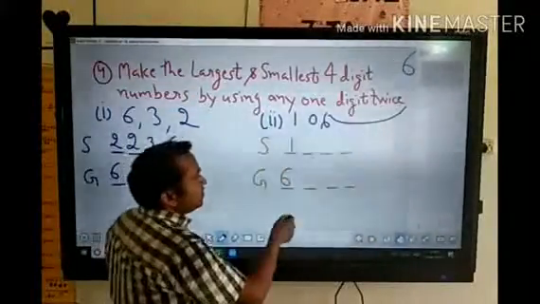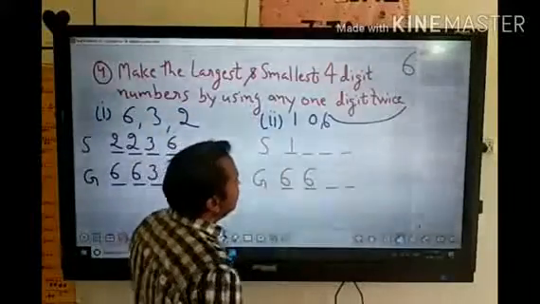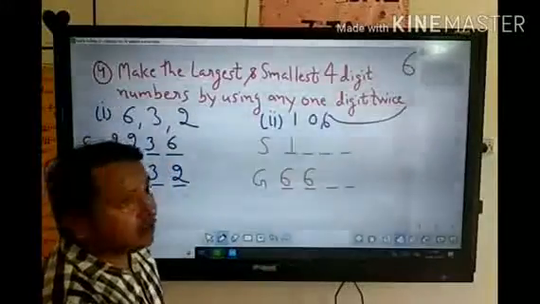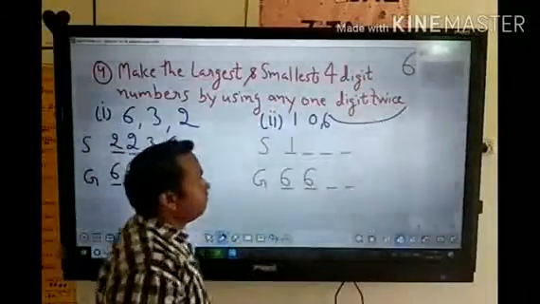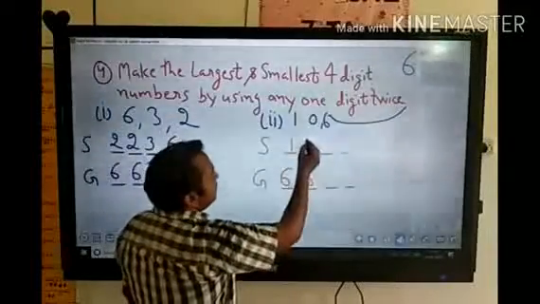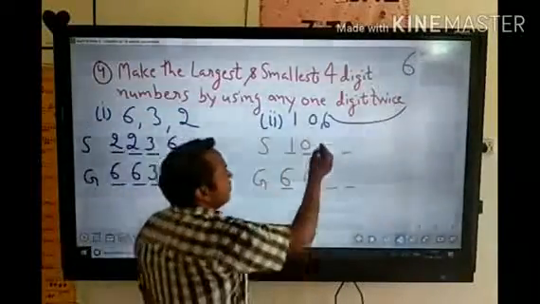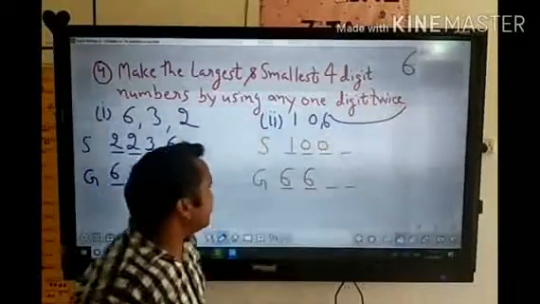Now, 6, I can use the digit twice. Therefore, I can write 6 here. And here, I can write 1 or 0. If I write 1, that will not serve our purpose. So, I will fill this with 0. Now, in order to make it smaller, I can use 0 twice, as it is given that we can use 0 twice.